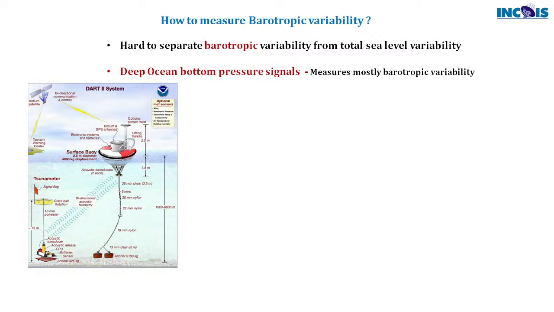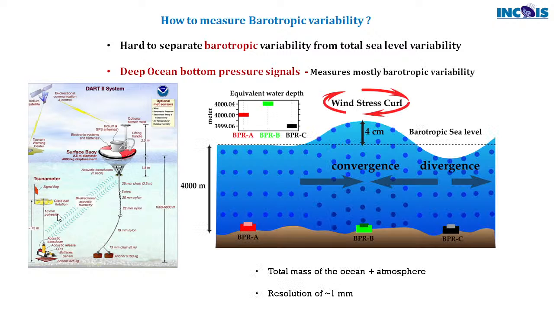We identified that there are bottom pressure recorders, in short BPRs, in the global ocean, which are used as detectors for tsunami waves. Here in the schematic is one of the instruments, which has a pressure recorder. It's a bottom pressure recorder which is kept in the deeper parts of the ocean, more than 2 kilometers. So whenever there is a convergence in the water column, these are the BPRs placed.